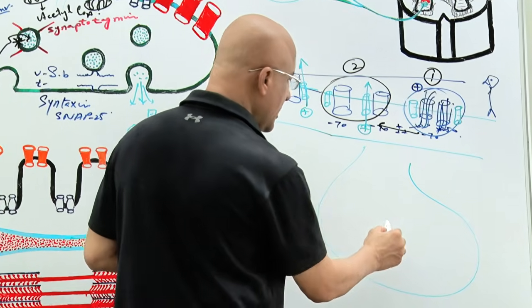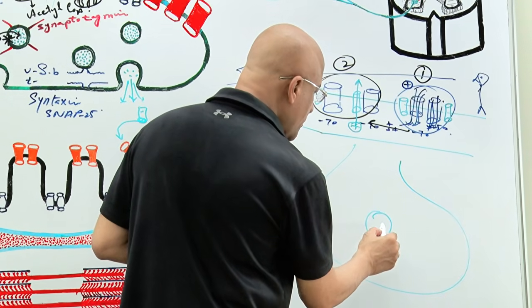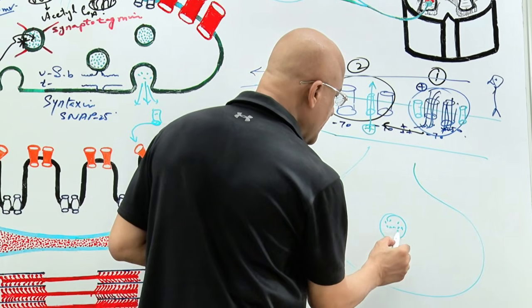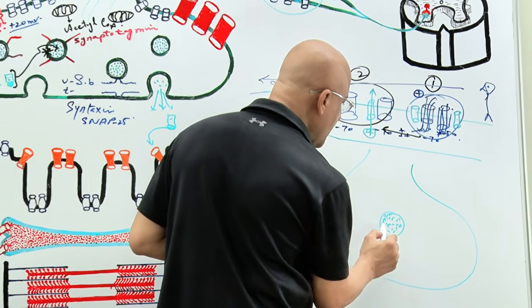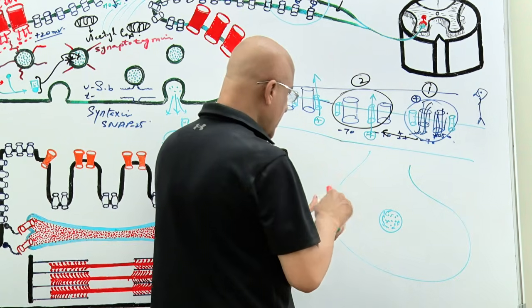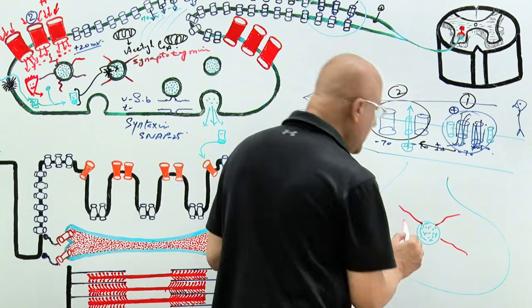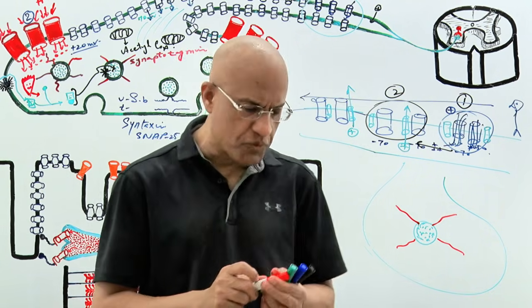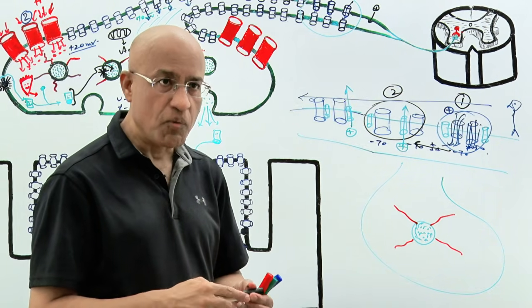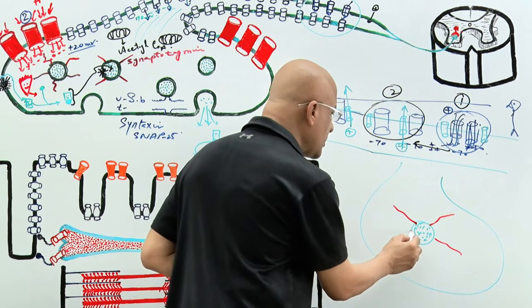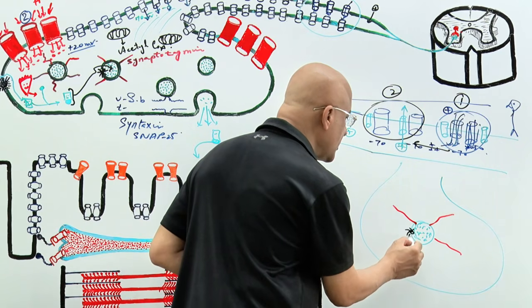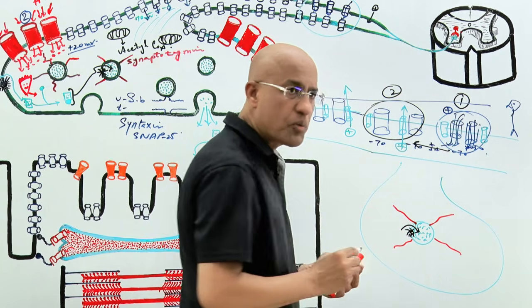So what we can say, now I will make it here. This is the vesicle. This was a cholinergic vesicle. In the cholinergic nerve ending, they were having synaptotagmin, and they were also having some other proteins. One of them we already mentioned, that was the acetylcholine transporter.